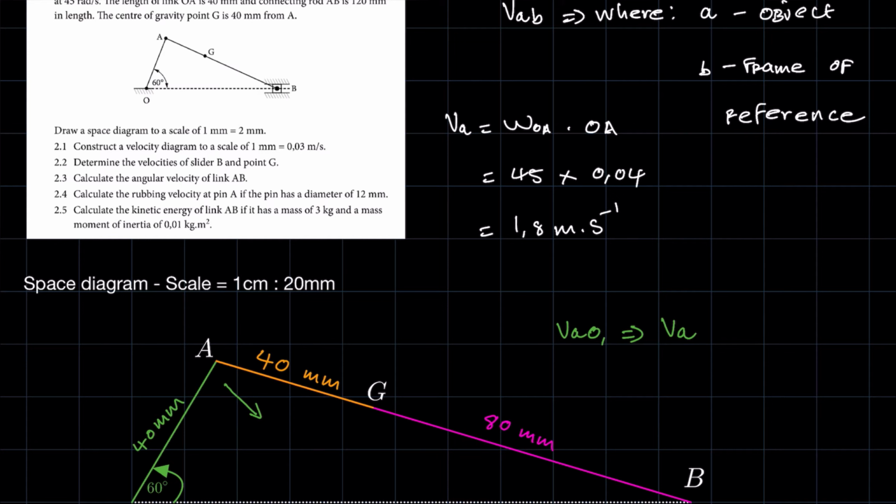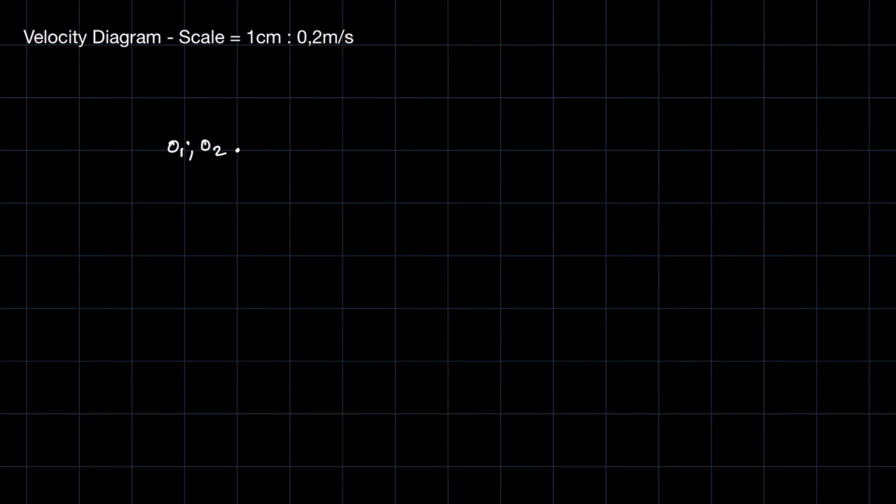Because in drawing your velocity diagram, it's more than likely that the longest velocity vector on the velocity diagram will be the crank.